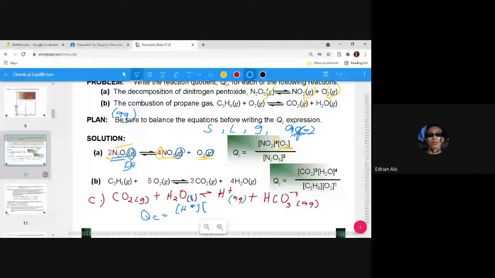H plus equals hydrogen ion. When you see plus or minus as superscript, you put the name ion. We have hydrogen ion, we have potassium ion, whether it is positive or negative. You put ion when you name that one.